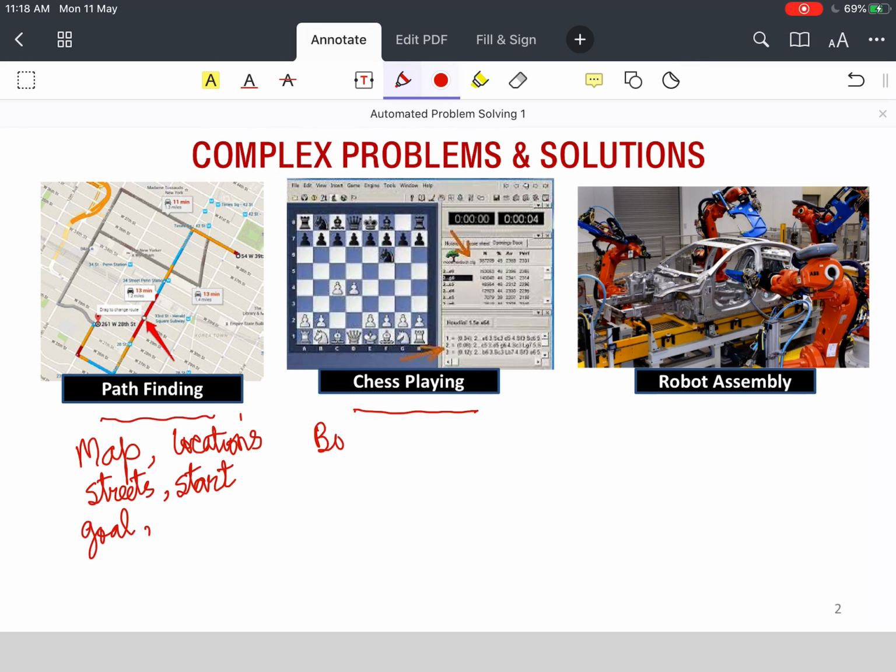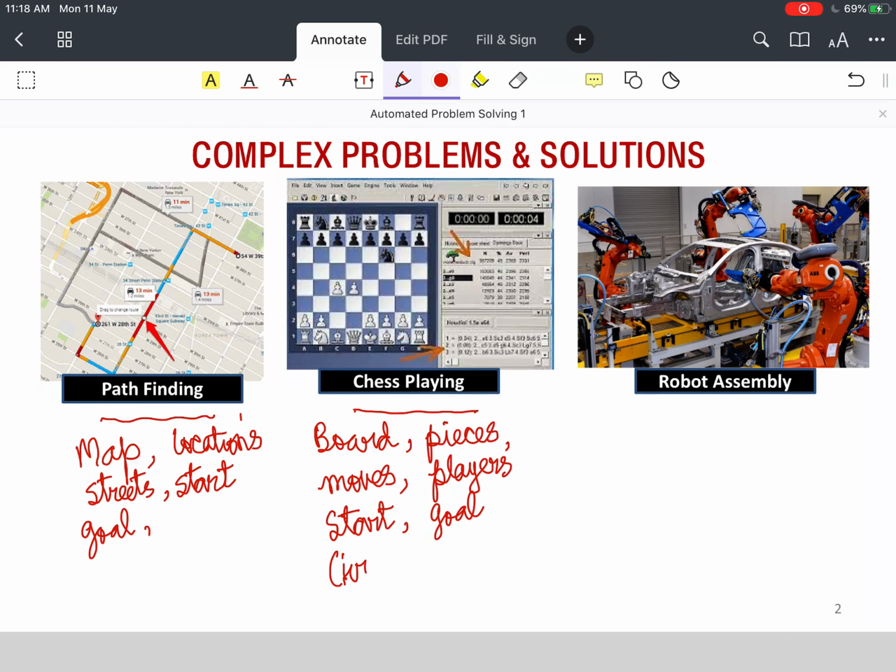There is a board, there is a set of pieces in their locations, there is a set of moves that can be played, and there are 2 players who play their turns one by one. And we all know the starting position is known to all. However, the goal position varies depending on whether there is a win or a loss for somebody or a draw.